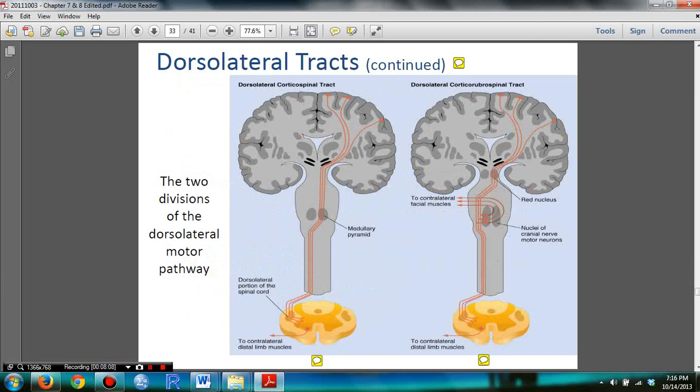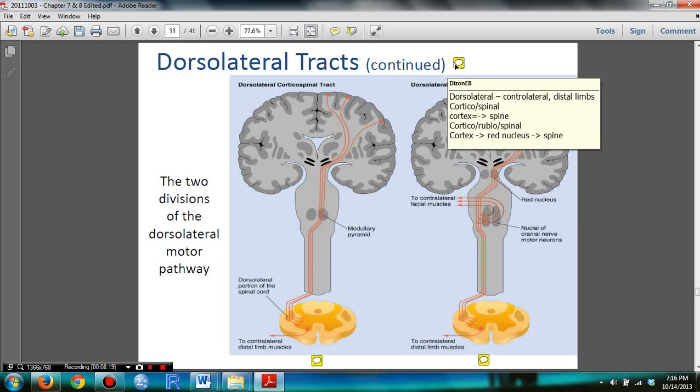So I made this section over here, and then I did some bullet points. For the dorsolateral tract: it is the dorsolateral, contralateral, distal limbs, corticospinal. And here's the side note.